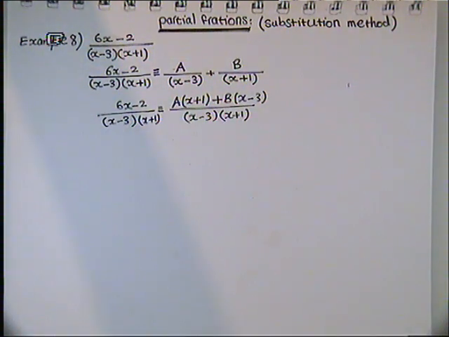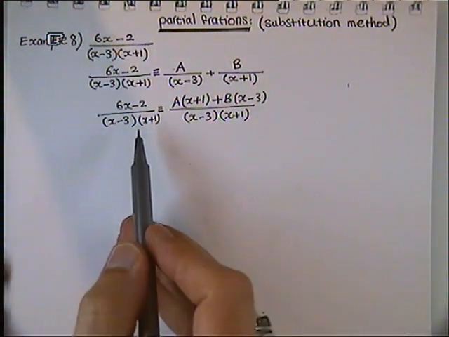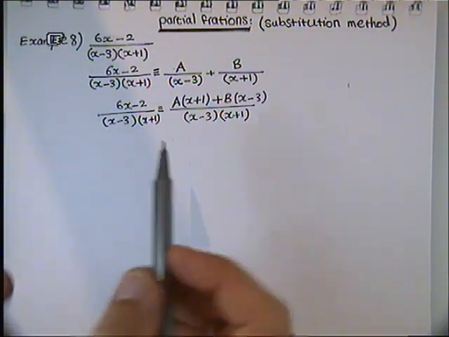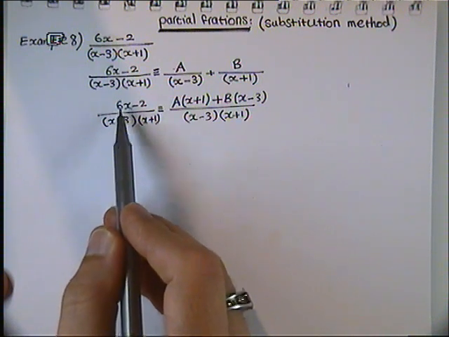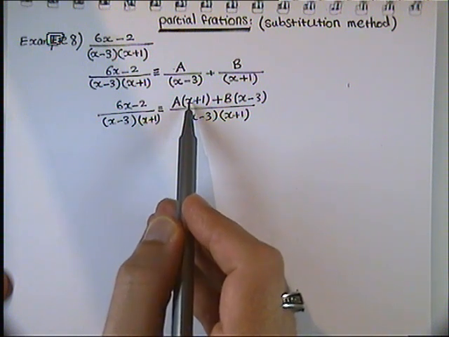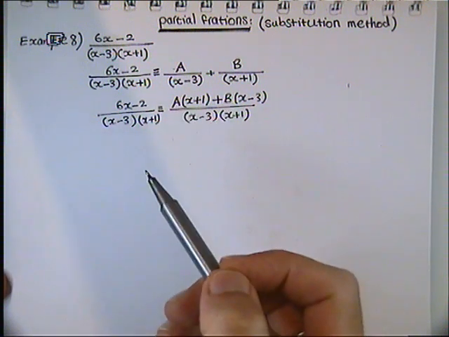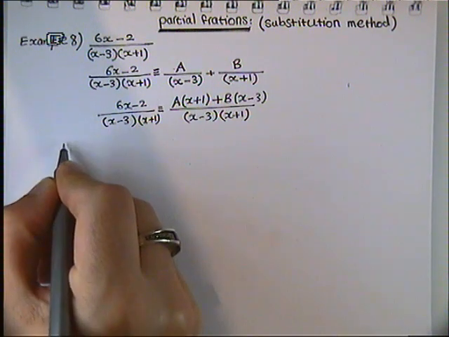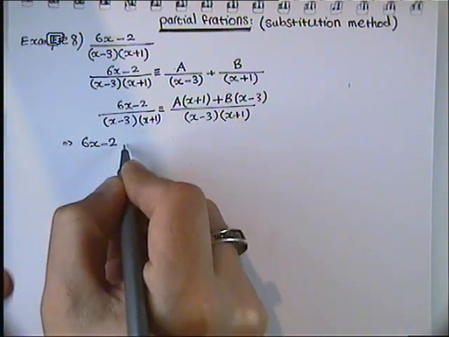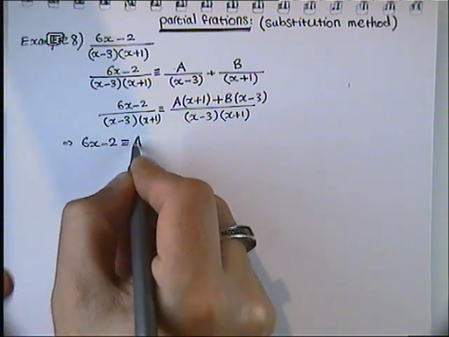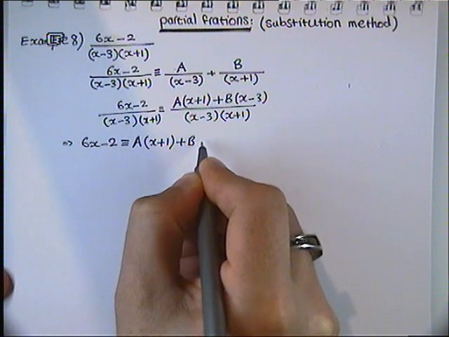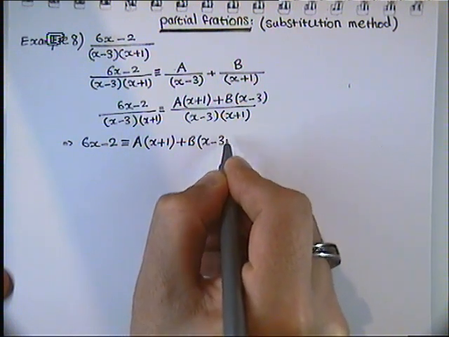Clearly, for these two to be identical, the denominators are the same, so we have nothing to do with the denominator. All we need is that 6x - 2 must be identical to A(x + 1) + B(x - 3).